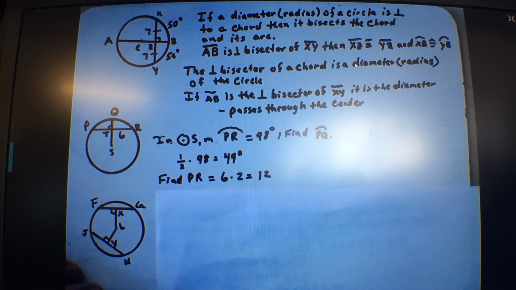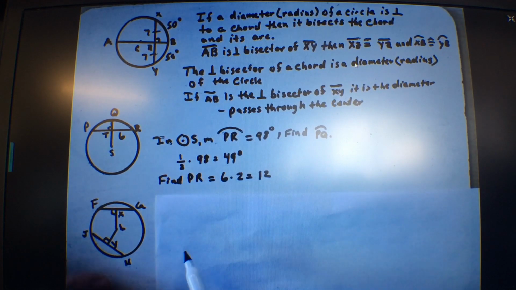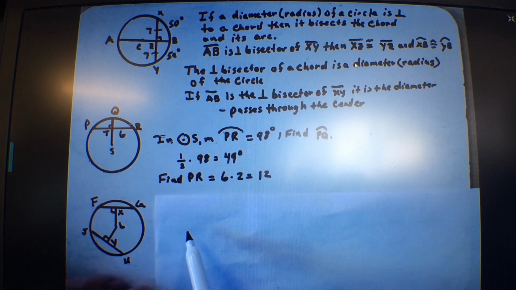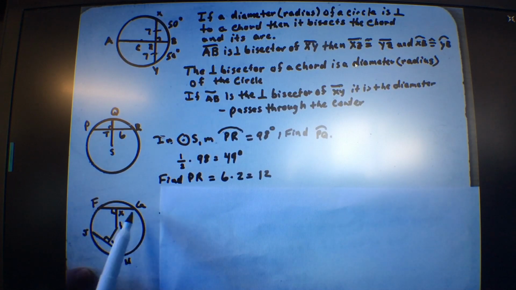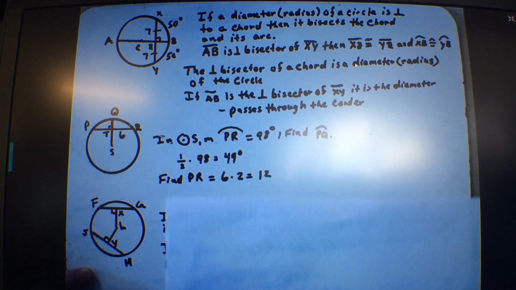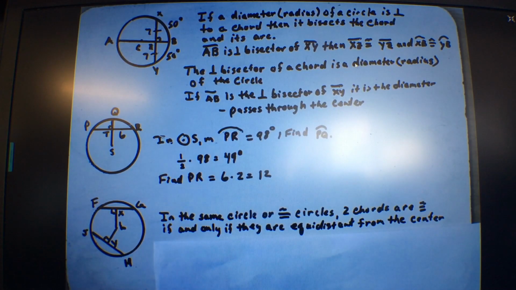All right. So then let's take a look at this one. And this one's used quite often too. Here we have a circle L. If you can't read it, that's L. And we have two chords, FG and JH. Now what I'm going to tell you is that in the same circle, or congruent circles, it doesn't matter, two chords are congruent if and only if they are equal distance from the center.